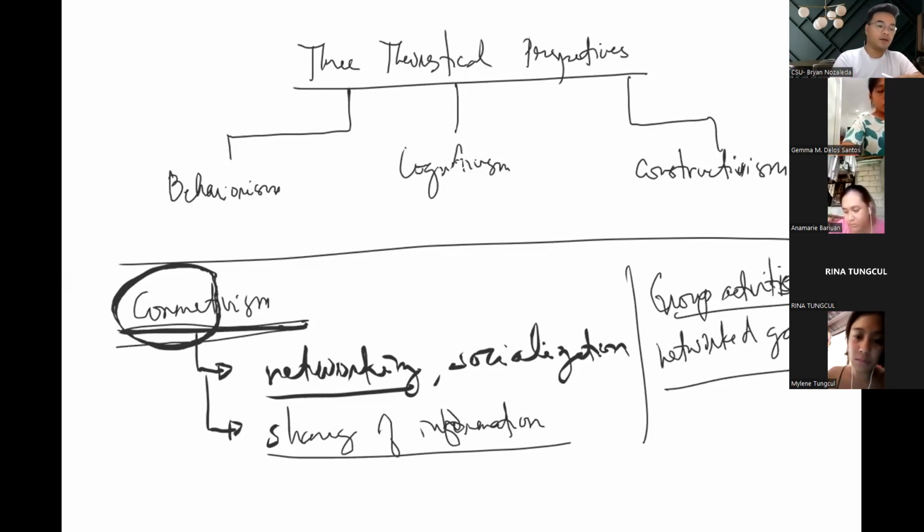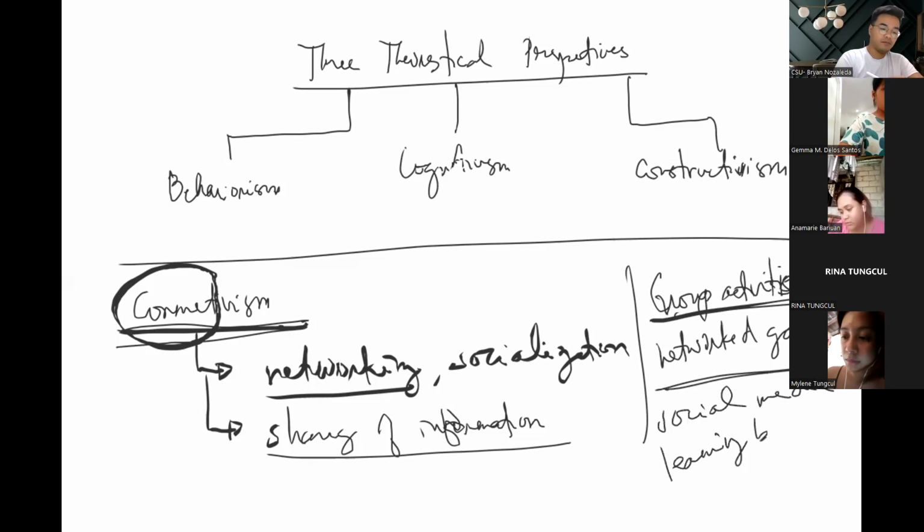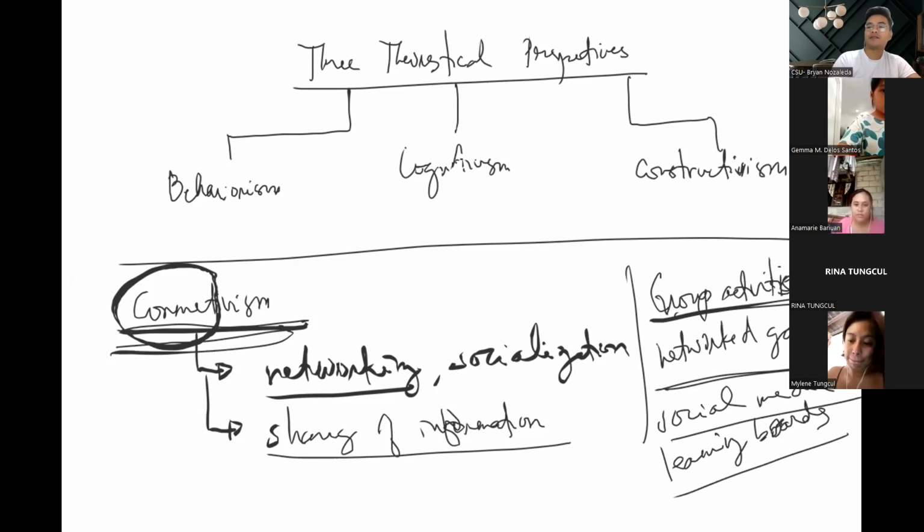So group activities, network games, ano pa ba? Social media, learning boards. So when you use social media as a tool in learning, then you subscribe to the point of connectivism. That there's learning happening in collaborative learning, for example.